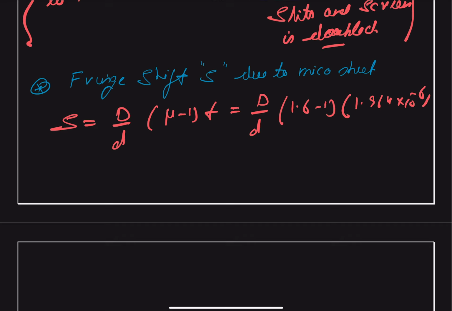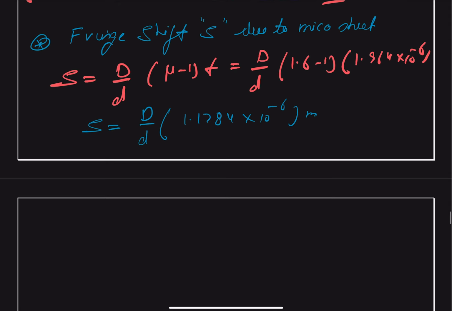So this gives us that our shift, which is our S, is equal to capital D upon small d, which is 1.17984 into 10 to the power minus 6 meters. So this is a fringe shift. Now the new distance is double that of the original distance.